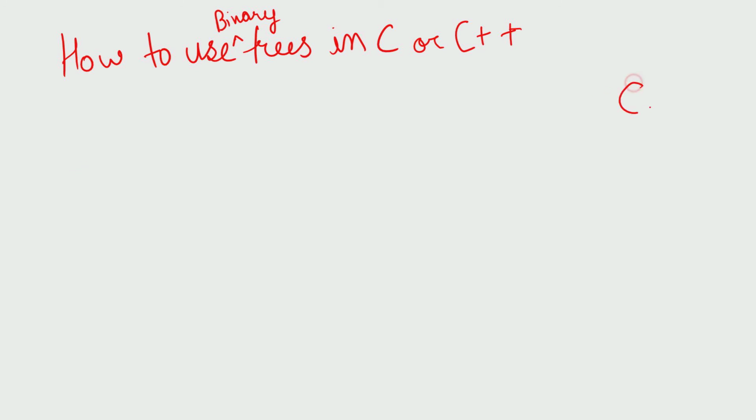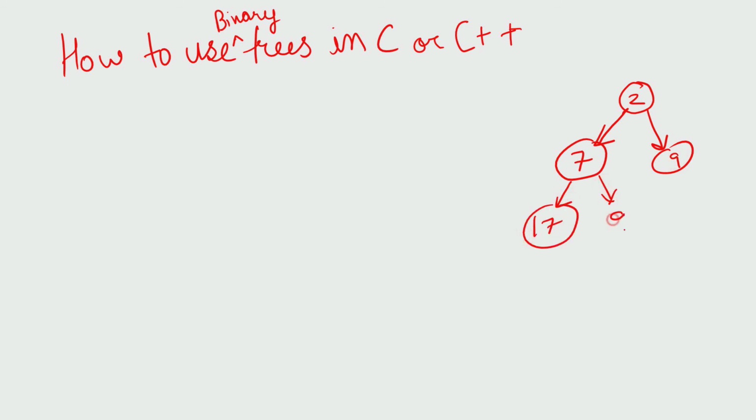So let me draw the tree here. Let us say it's 2, let's say 7, 9, and then 17, and then let us say 9 or 91. Now let me tell you one more thing. The keys should not repeat in a binary search tree that we'll be looking at very soon, but here keys can repeat, so don't hesitate to keep a 9 once again here.